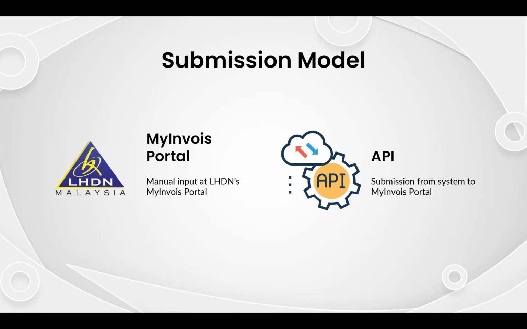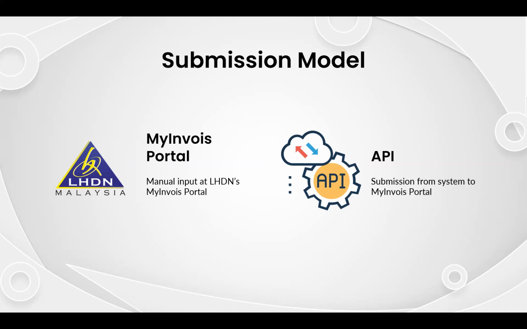To ease your job, the software already has the API. This is the bridge, some call it the bridge, to link your software to the MyInvoice Portal. So this will help you to submit your e-invoice to the MyInvoice Portal at the same time to get the invoice validated.